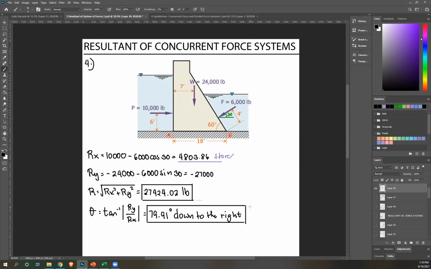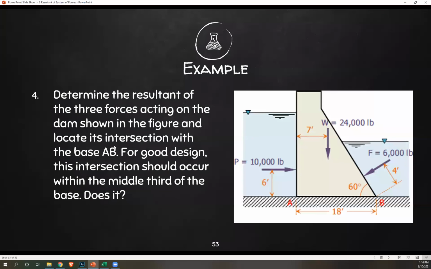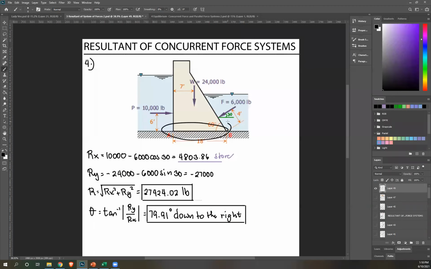And then, next question, locate its intersection with base AB. So this is your base AB. I've mentioned earlier that usually I want to take our moment from the left support. So I would have taken moment about point A, but I won't because look at what's more convenient.